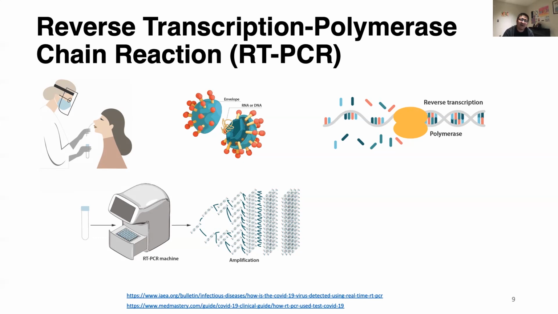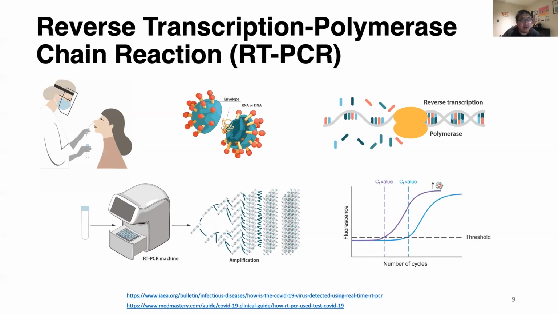If after 35 cycles it still cannot exceed the threshold, then we say this patient is negative. So as you can see, this process is not just binary. It is really a continuous value with respect to the number of cycles. A smaller number of cycles indicates your initial viral load might be high, and a higher number of cycles indicates your initial viral load might be low.